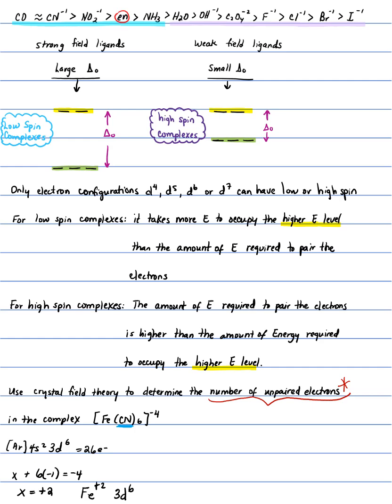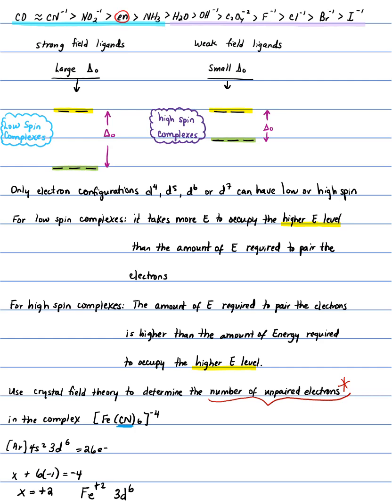No electrons in that s orbital in the 4th energy level. So you have 6 electrons in the d orbitals. That's why we're doing this, to determine how many electrons you have in the d orbitals.